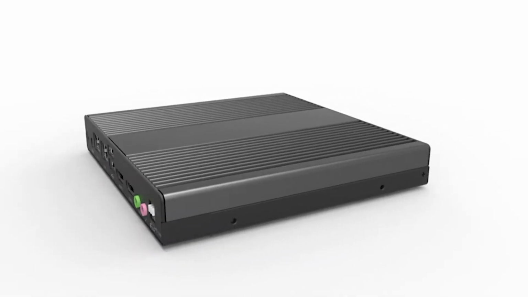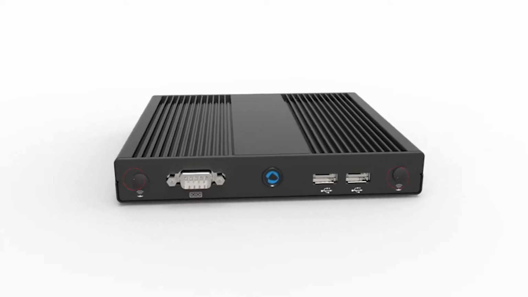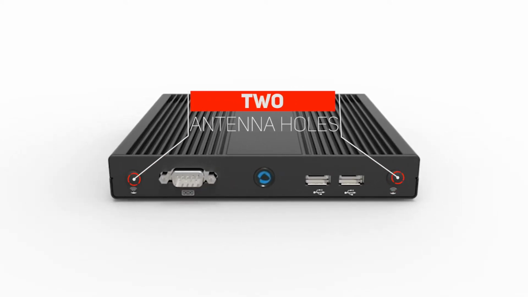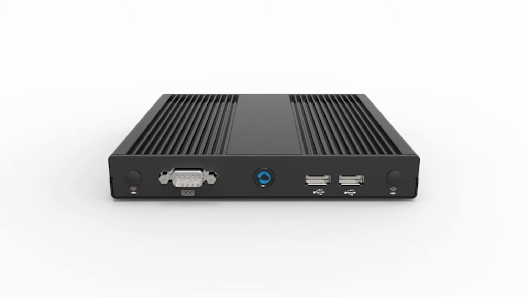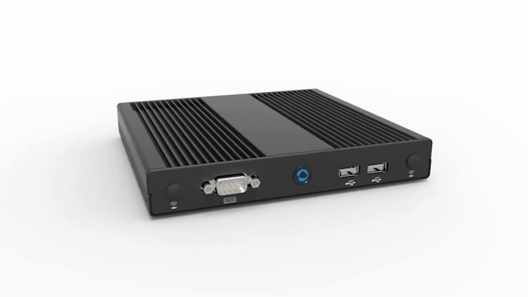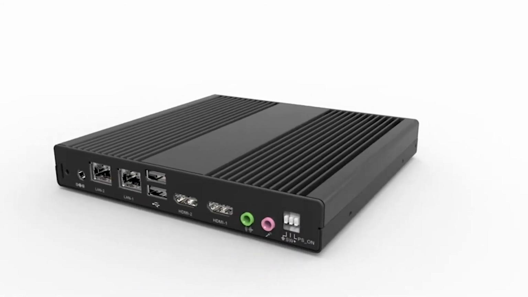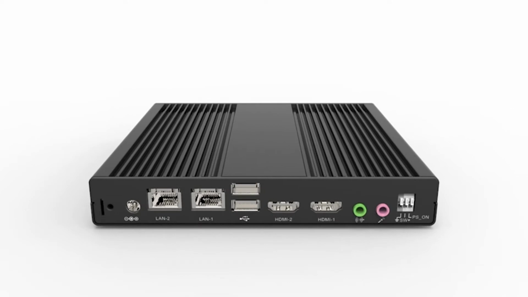So let's take a look at all the connections. First, the front of the unit. And we have two holes, two antenna holes, which are covered with a little piece of rubber. We've got the COM port, DB9, RS232, two USB 3 ports, and the power button. As this is the successor of the 3250, we've got some complaints that we had very few USB ports, so we listened to that, and this one has 2 USB ports more.